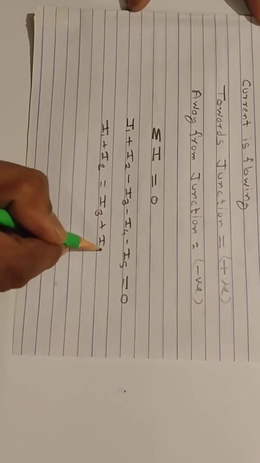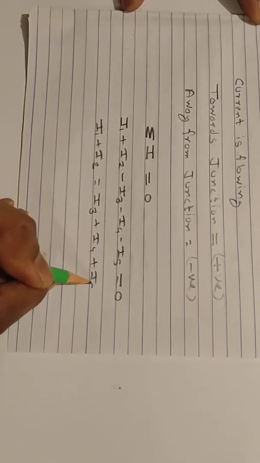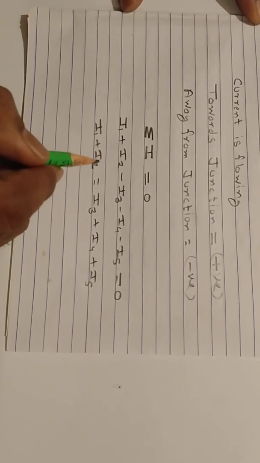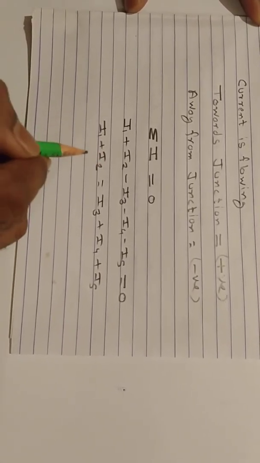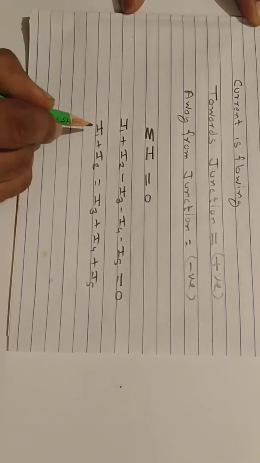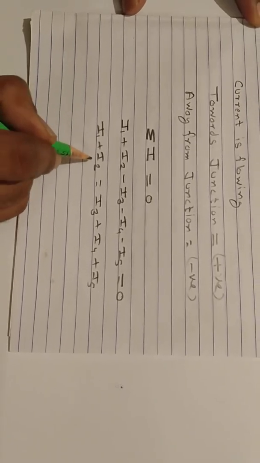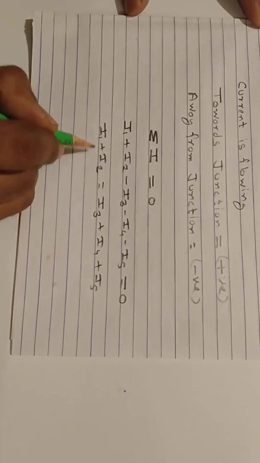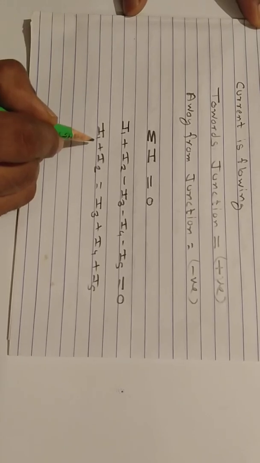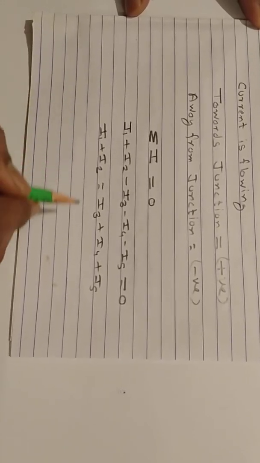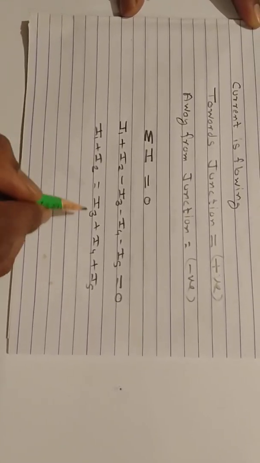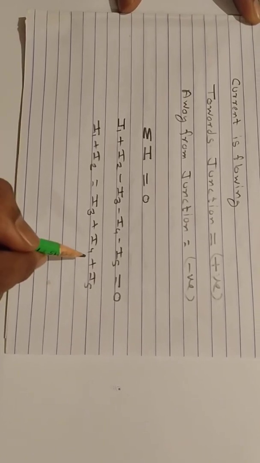Positive currents. So another statement of Kirchhoff's current law is the sum of electric currents towards the junction is always equal to the sum of electric currents away from the junction.